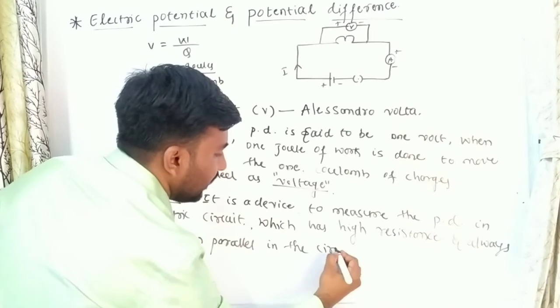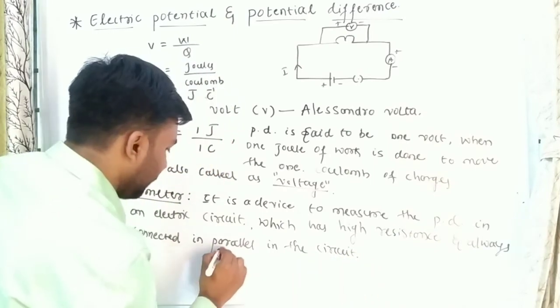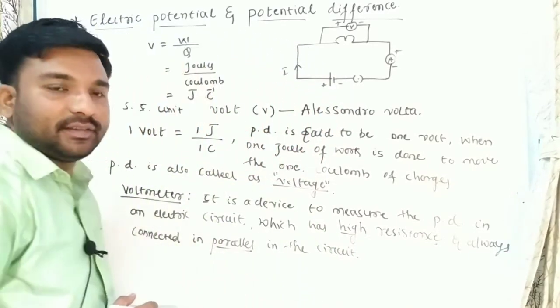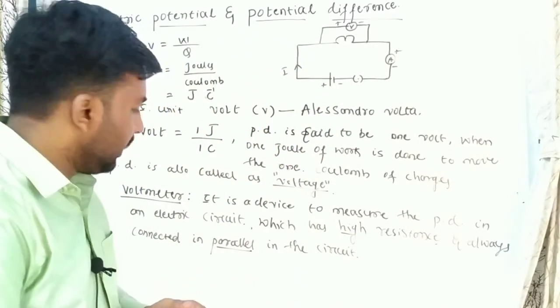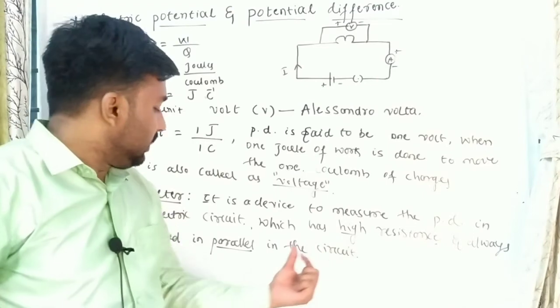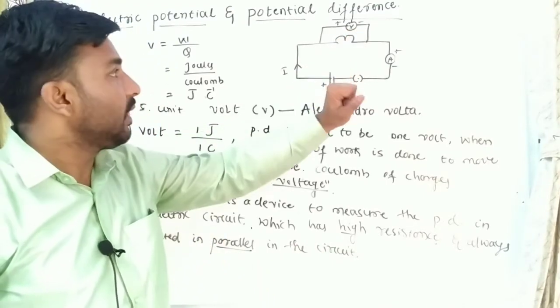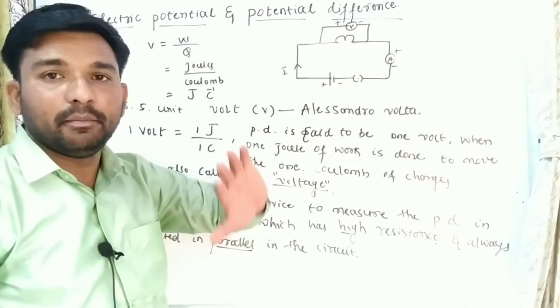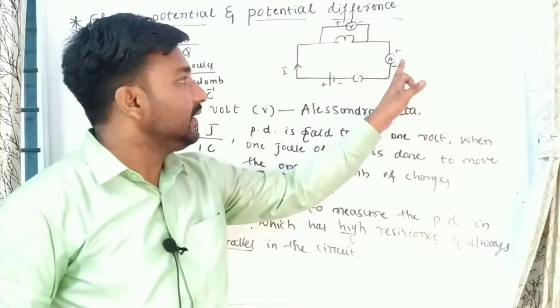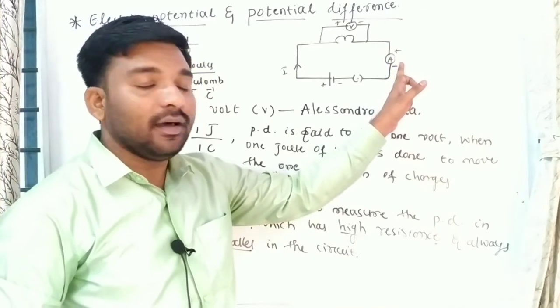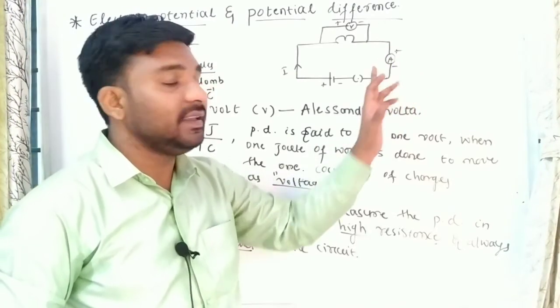Remember the words parallel and high resistance. The voltmeter has high resistance and is always connected in parallel, whereas the ammeter is always connected in series and has low resistance.